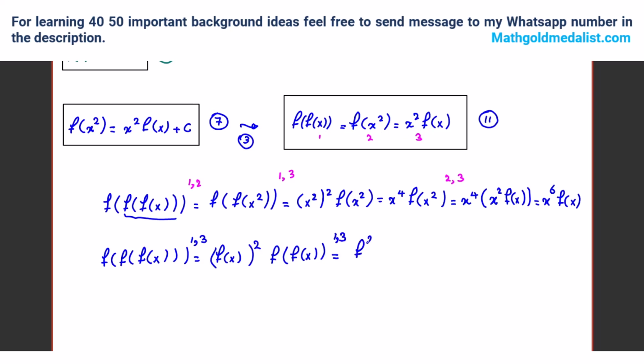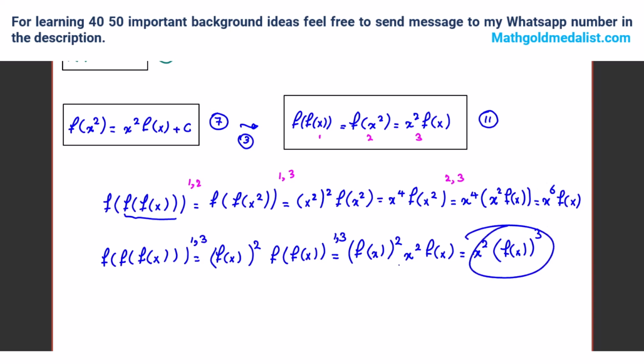So it will be f of x squared, f of x for 1 and 3. It's what? X squared f of x. So it will be x squared times f of x cubed. So we can conclude these two terms are equal. So x to the 6 f of x is equal to x squared times f of x cubed.